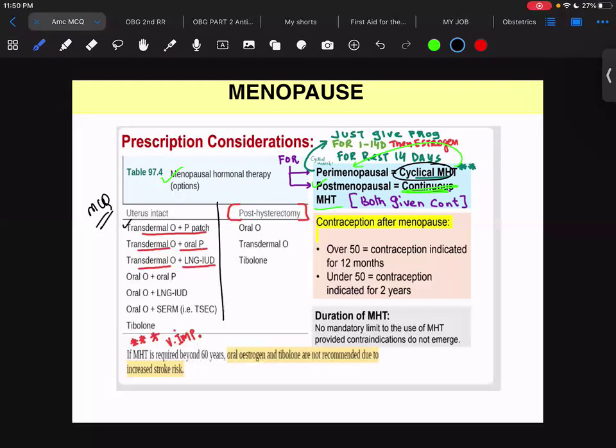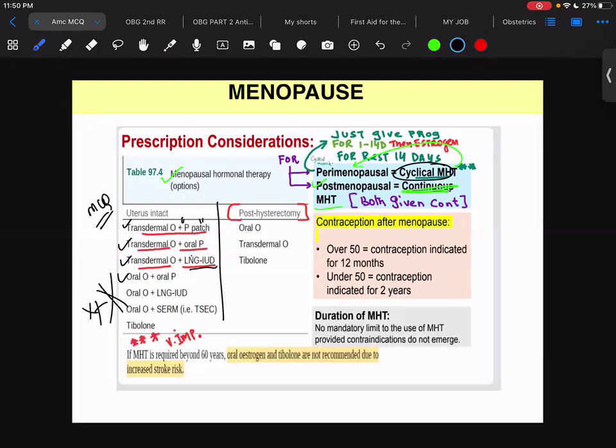We consider transdermal estrogen plus progesterone patch, or we can go for the transdermal estrogen, but importantly the progesterone patch is important rather than the oral ones. Then transdermal estrogen plus LNG IUD, that is levonorgestrel IUD. We can go for the oral plus oral progesterone, but they are not the answer for your exam.